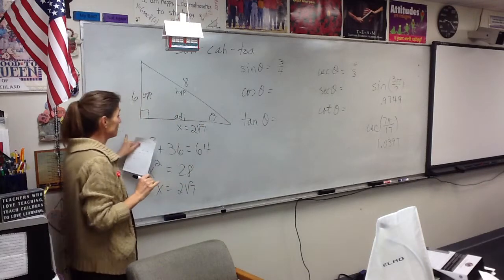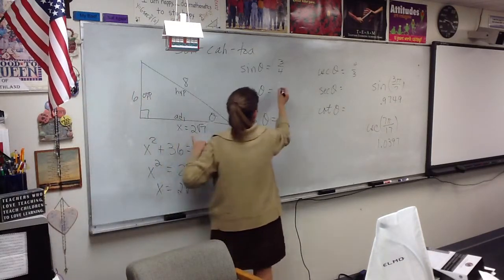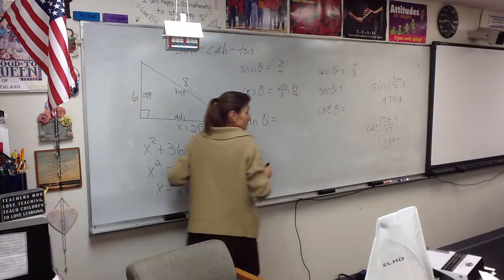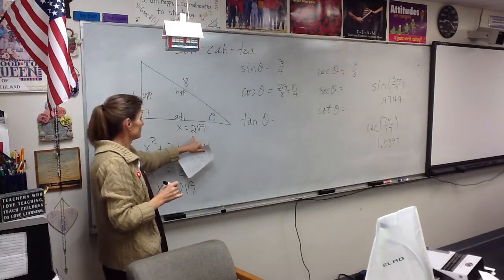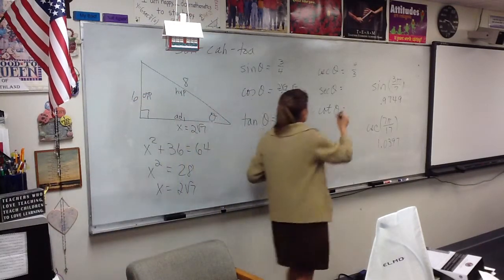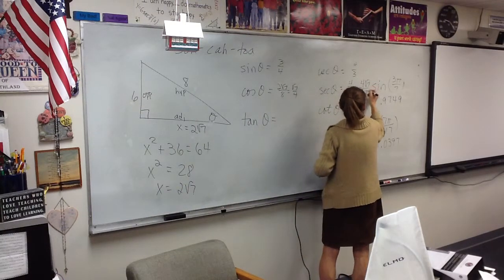What's my cosine? So 2 root 7 over 8, or root 7 over 4. Meaning the secant then is 4 over root 7, or 4 root 7 over 7.